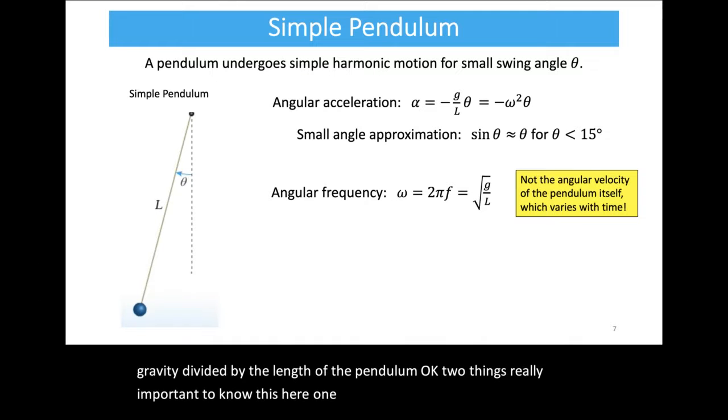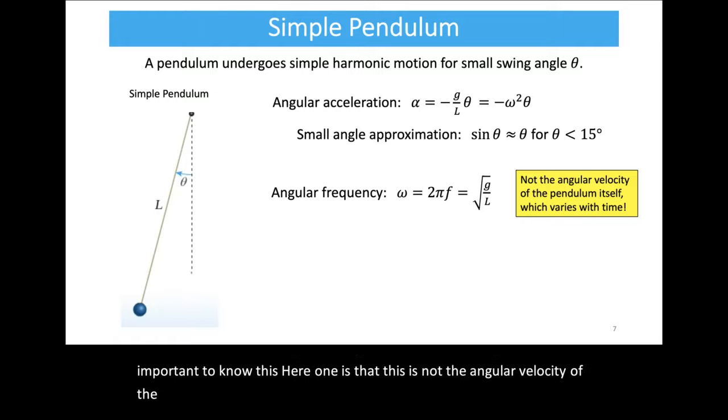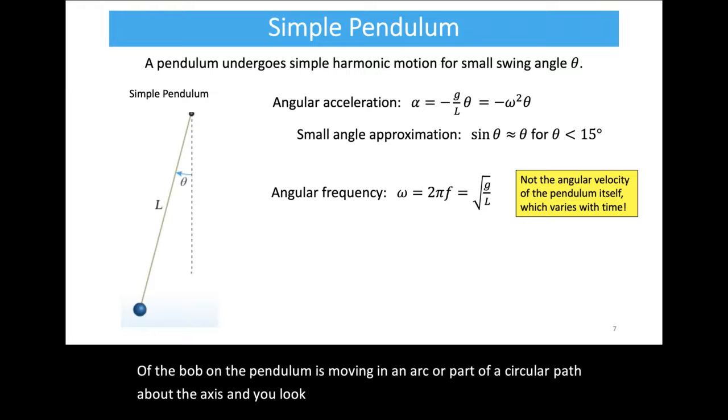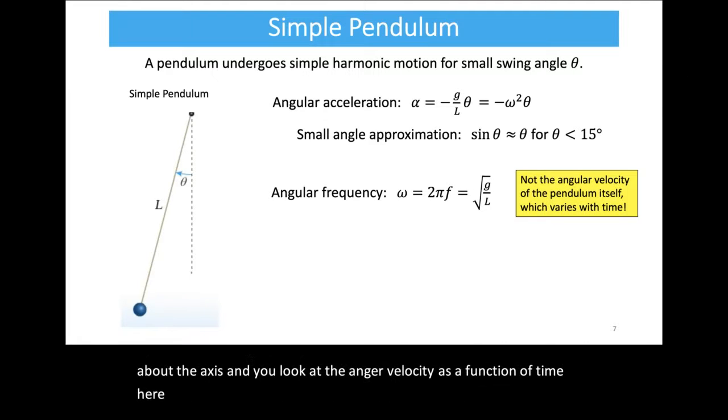One is that this is not the angular velocity of the pendulum itself. If you think of the bob on the pendulum as moving in an arc, part of a circular path about the axis, and you look at the angular velocity as a function of time, it's going to change.